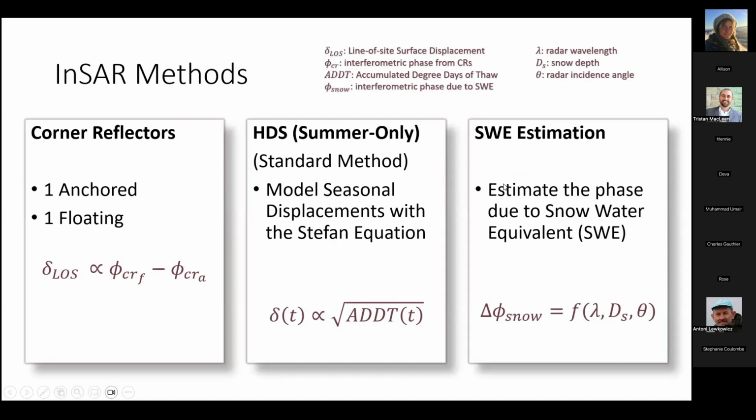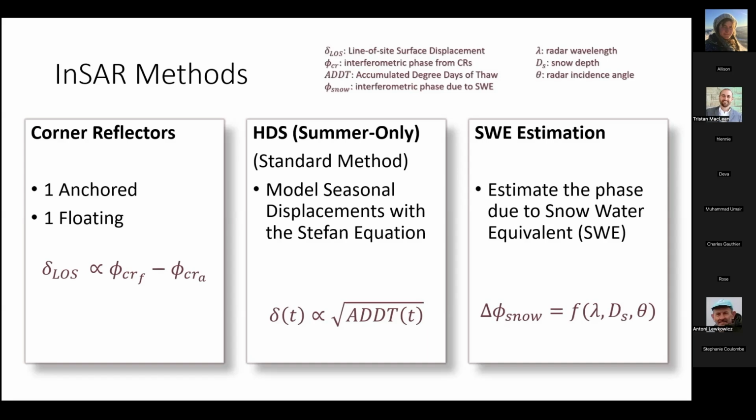So I have 3 different InSAR methods that I'm looking at. The first is those corner reflectors, where I'm just looking at the difference in phase between the floating corner reflector and the anchored reference reflector. Then I also use this HDS processing, which is a homogeneous distributed scattering technique.